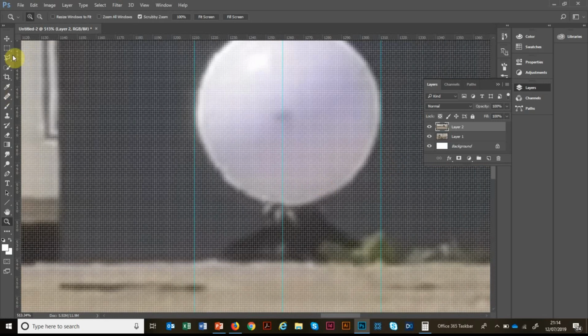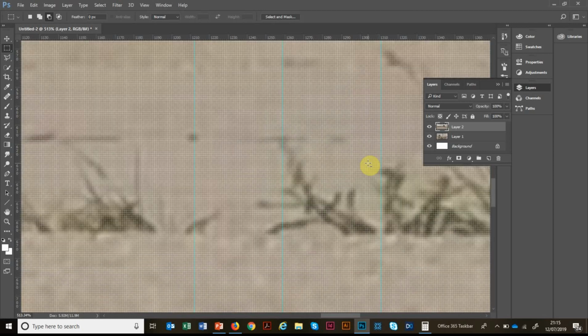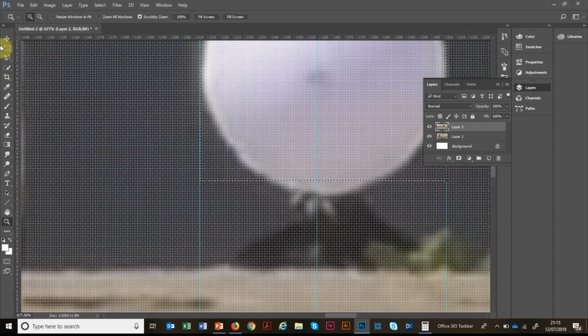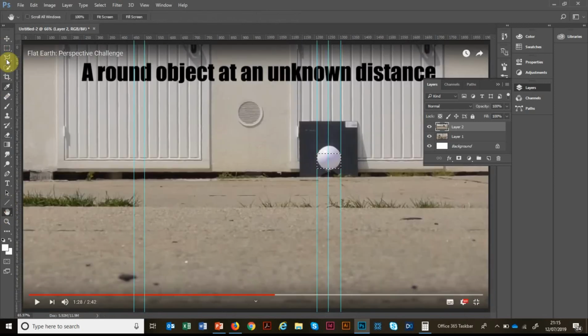Okay, let's try that again. Okay, this will do. If I get it just on this side, then that'll be right. So the width is 99 pixels. 99 pixels wide for the ball.